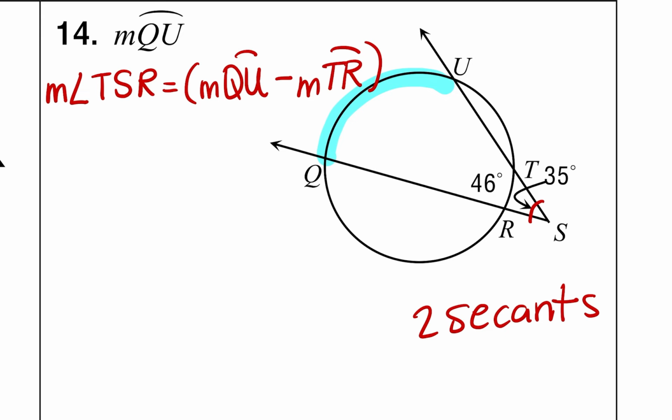So now just filling that in, we're going to get measurement of angle TSR is 35. Measurement of arc QU is X. We don't know.